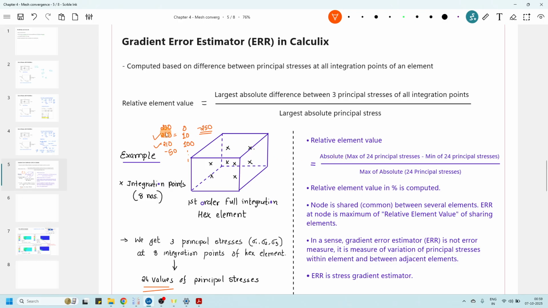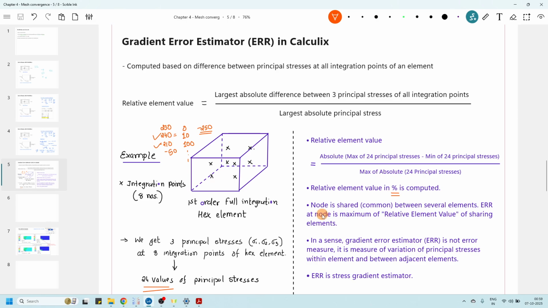So basically numerator is maximum minus minimum divided by maximum absolute. That's how the relative element value is calculated. And then we multiply with 100 to get relative element value in percentage. So for each element we get relative element value.